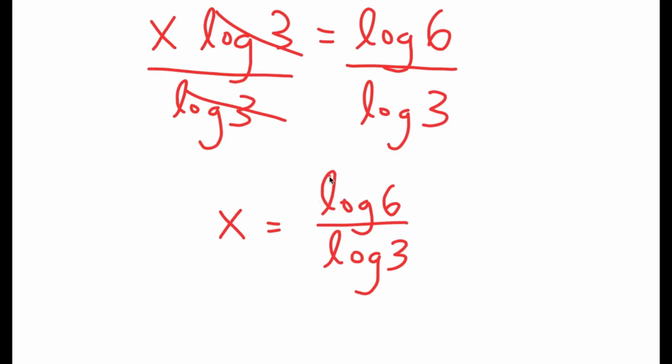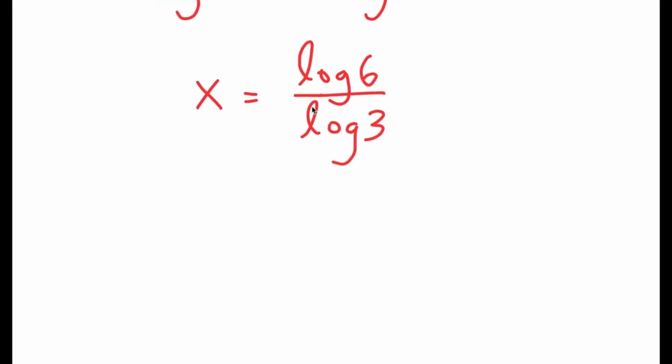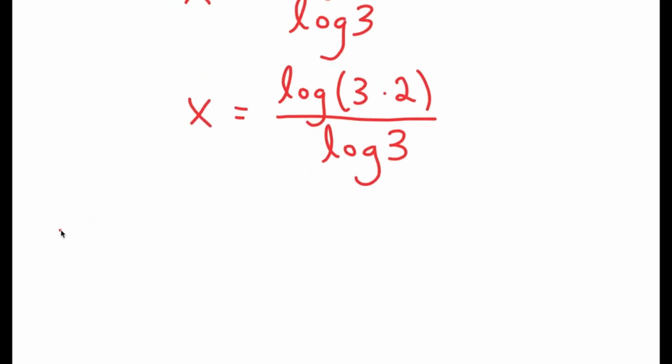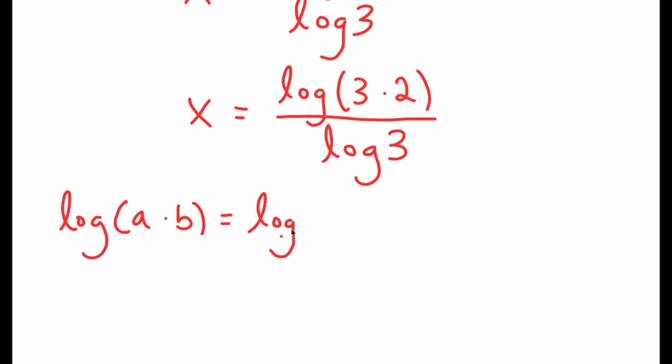Now, what I'm going to do is rewrite log 6 as log of 3 times 2. So I have log 3 times 2 over log 3. And if I have something in the form log of a times b, this is equal to log a plus log b.